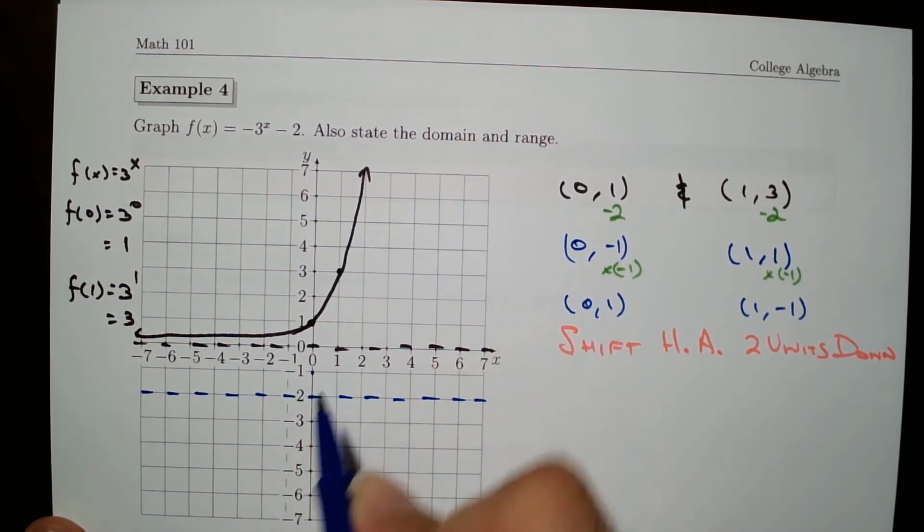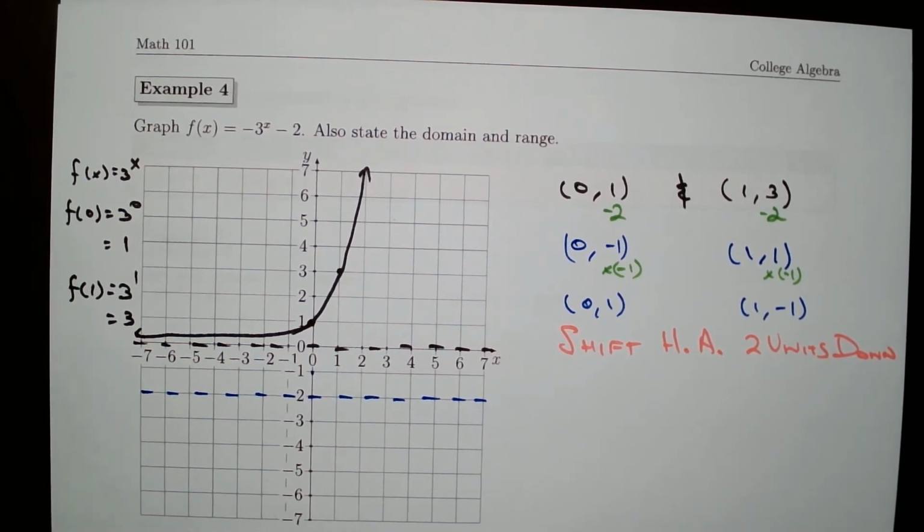I think I should have shifted the other way around. Let me double check my equation: negative 3 to the x minus 2. That is correct.